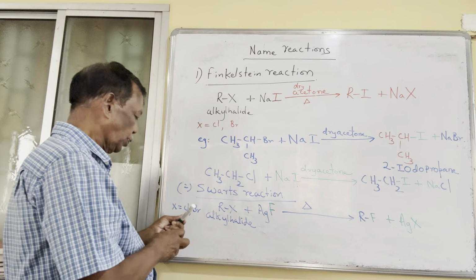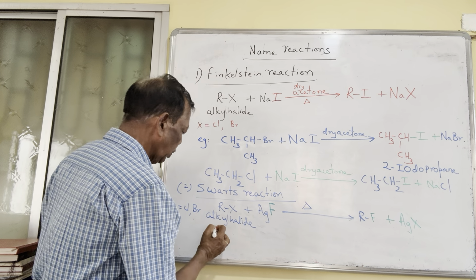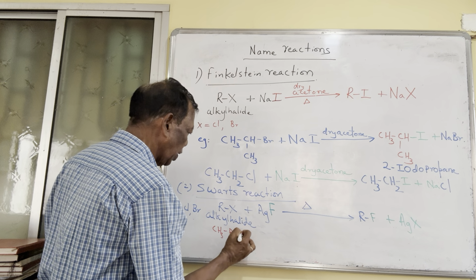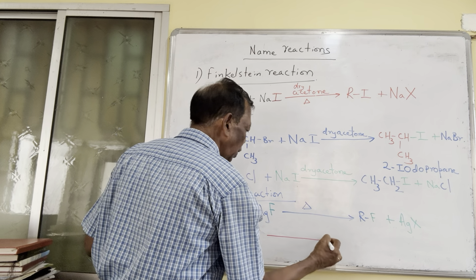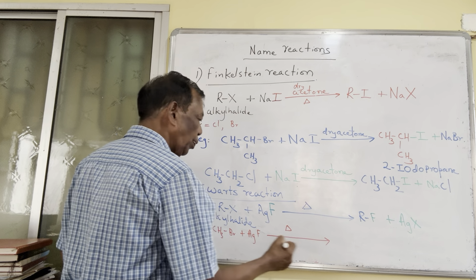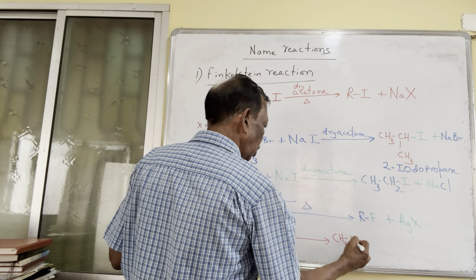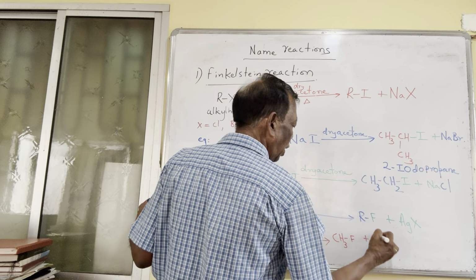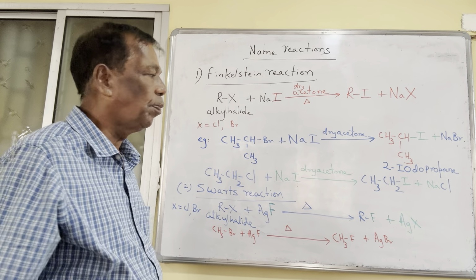Now suppose I have an example of this. Suppose I have taken here CH3Br plus AgF, and heat, you will end up here with CH3F plus AgBr. Now the metal fluoride can be cobalt fluoride also.